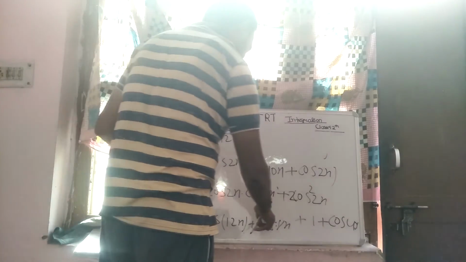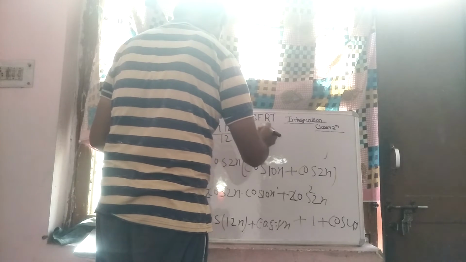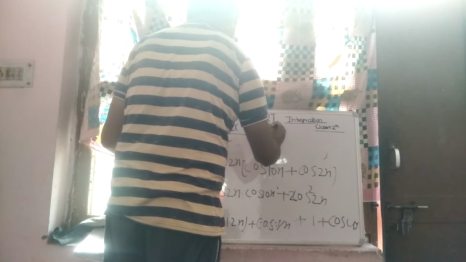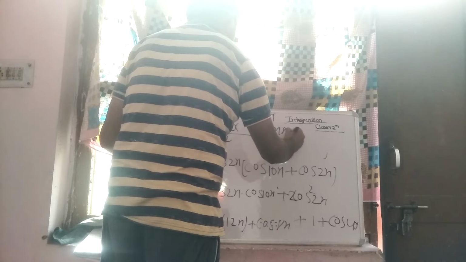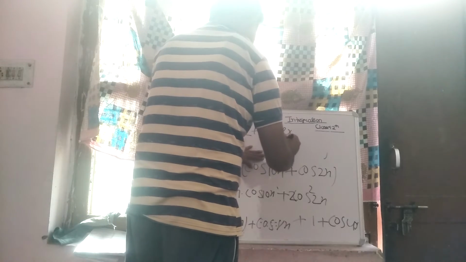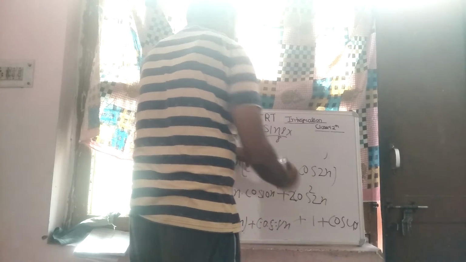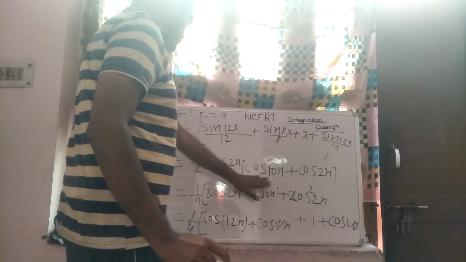The first term is complete. The integral of cos 8x is sin 8x upon 8. The second term is complete. The third gives x, and the fourth is sin 4x upon 4.